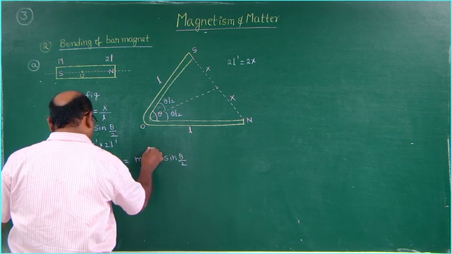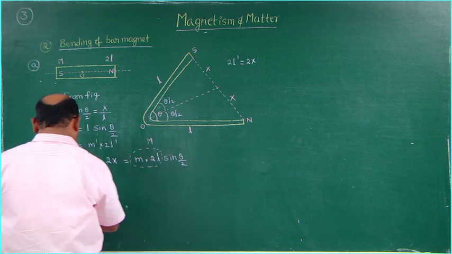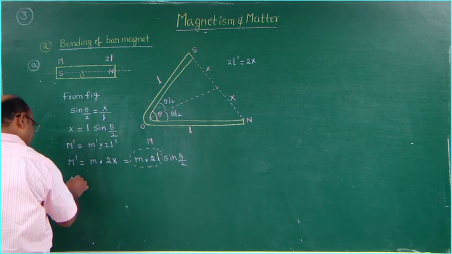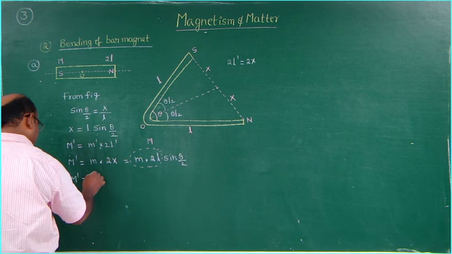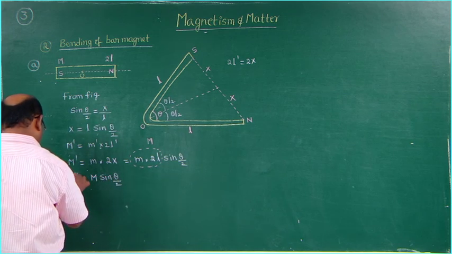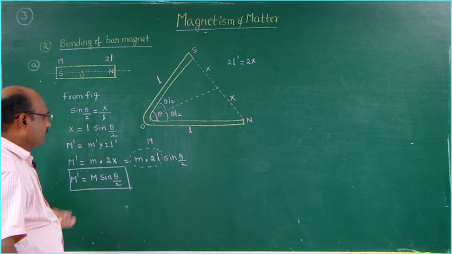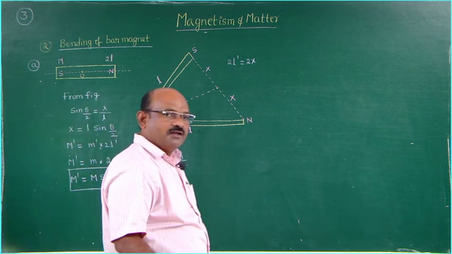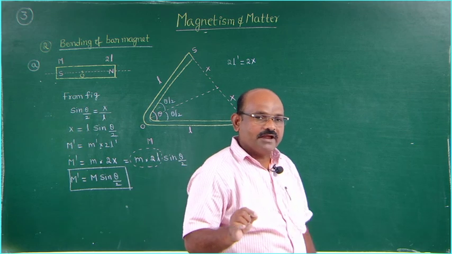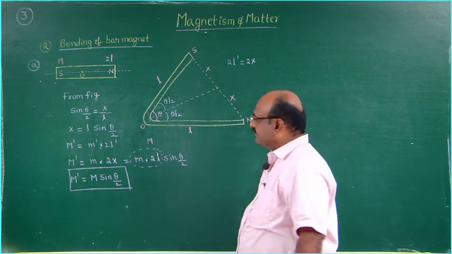But you know m into 2L is nothing but capital M. Therefore, the magnetic moment M dash is equal to M sine theta by 2. This is the magnetic moment of the bar magnet whenever it is bent at the midpoint such that it is making an angle theta at the center.